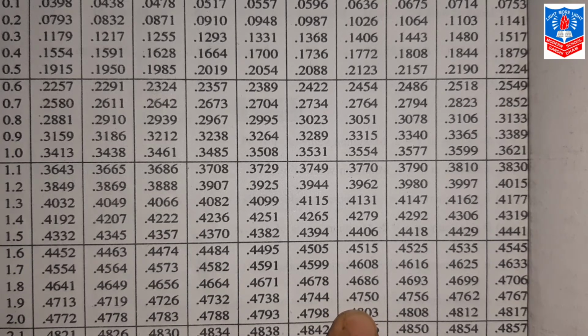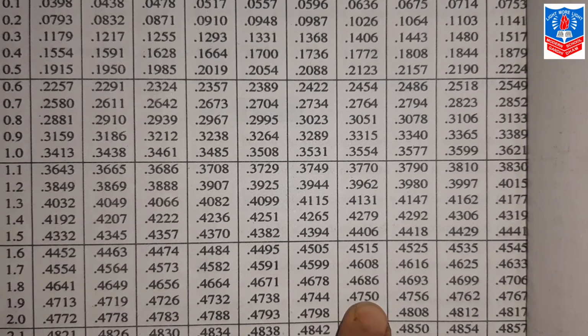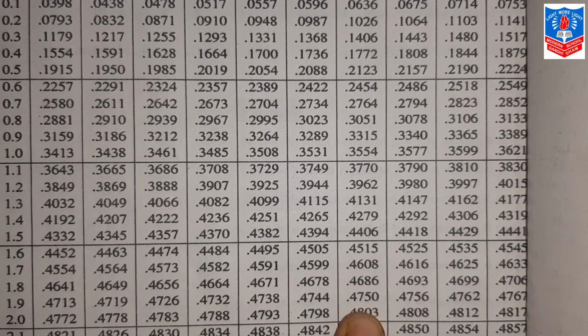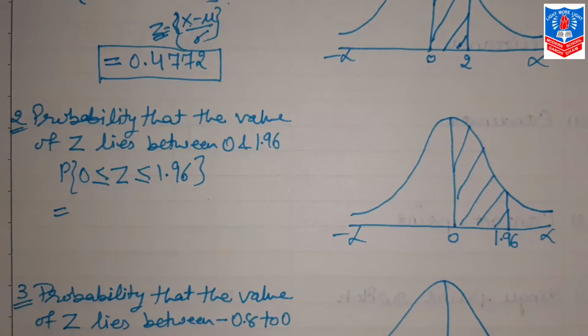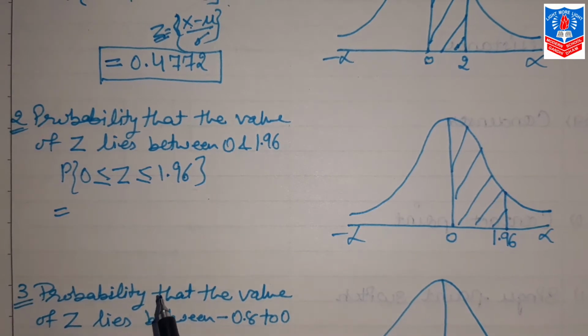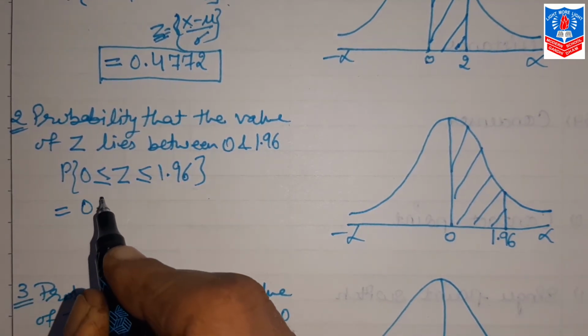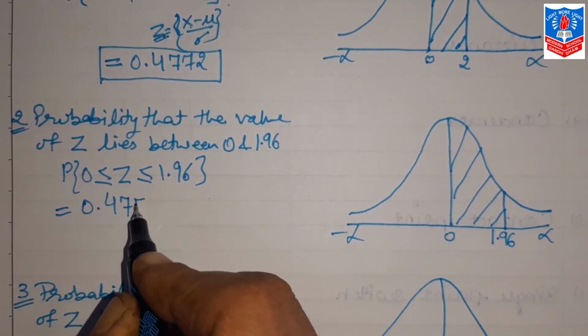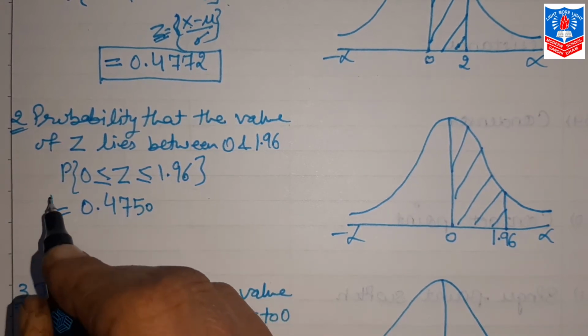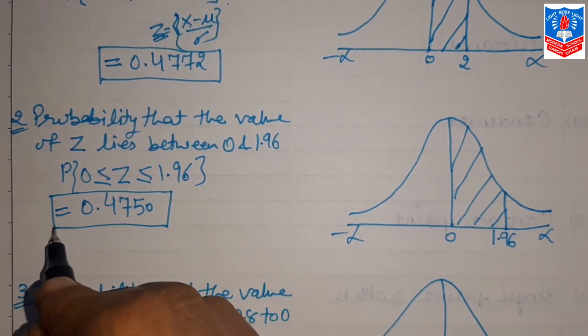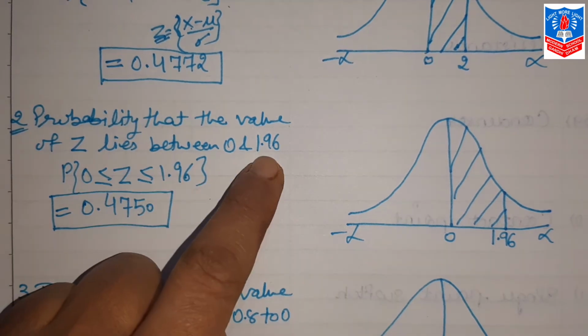That is 0.4750. I think you understand how we find it with the help of the Z table. So here I write 0.4750. Again, this is the value of Z lies between 0 and 1.96.